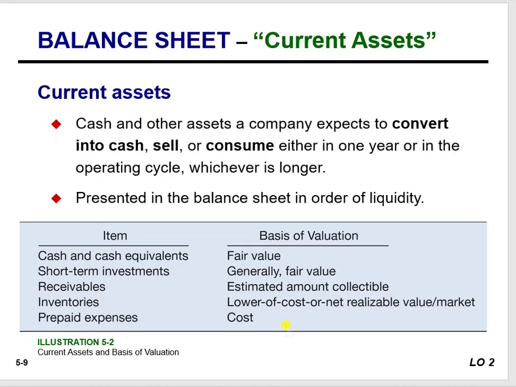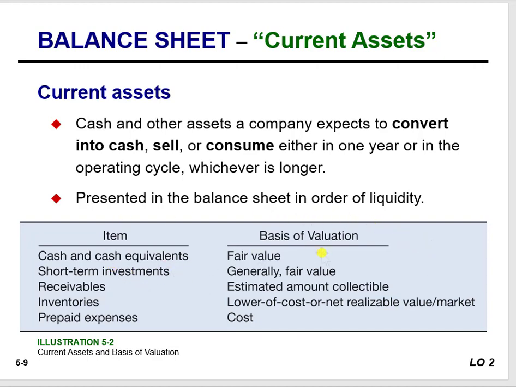So now we break down the subdivisions further. Current assets are cash or other assets a company expects to convert into cash or sell or consume in either 1 year or the operating cycle, whichever is longer. They're presented in a balance sheet in order of liquidity. For example, here you have an item and then the basis for its valuation.